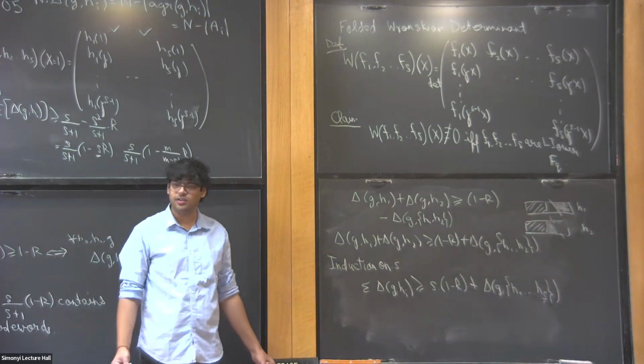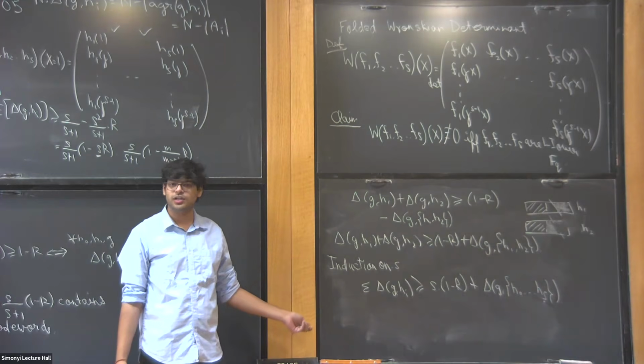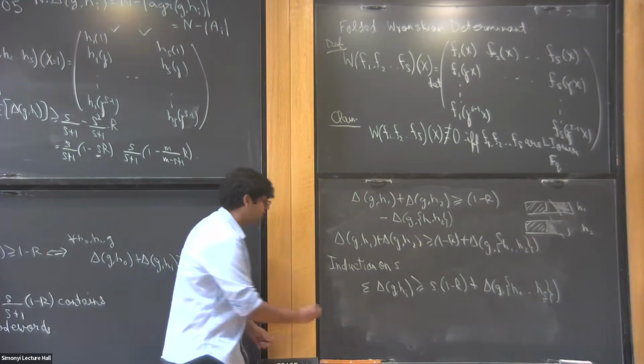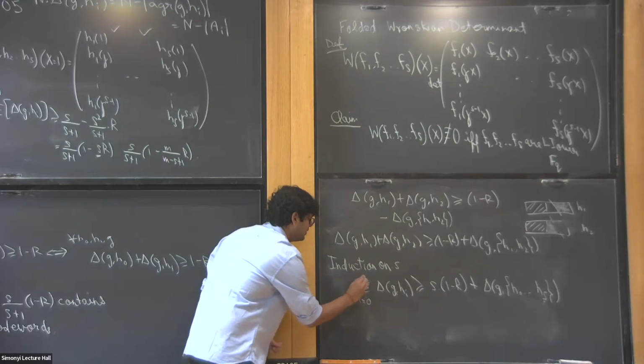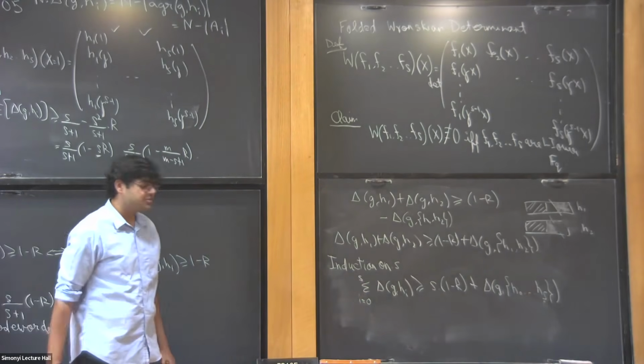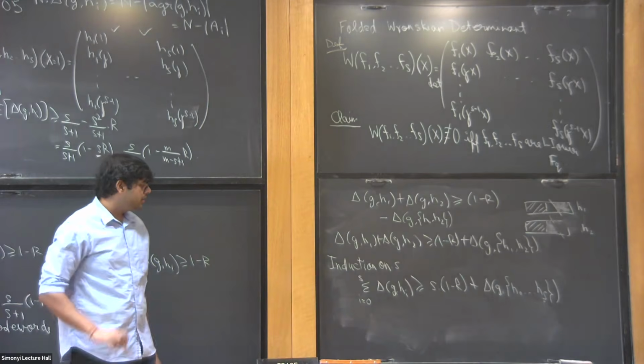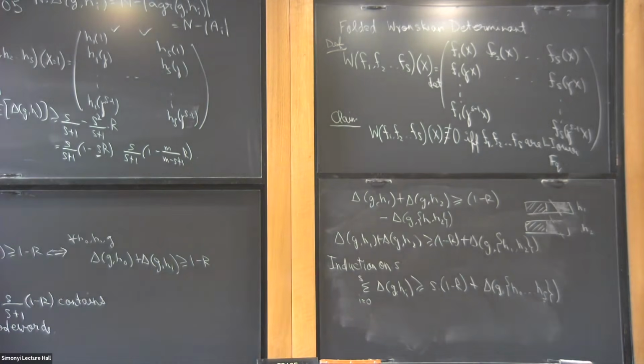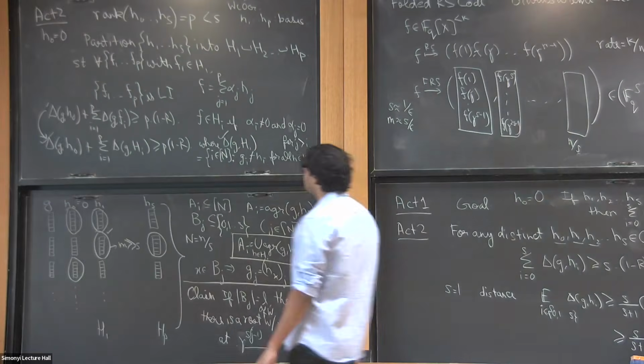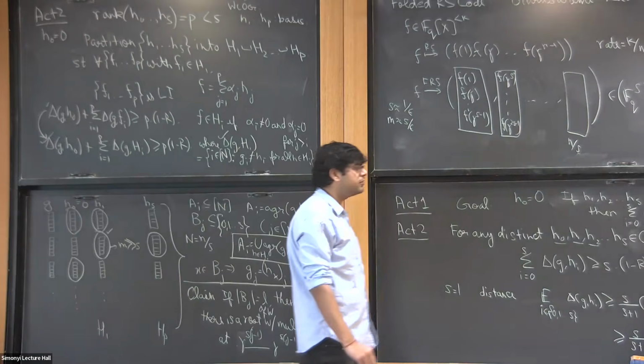Okay, so strengthening of the induction. Clearly it holds for S equals 2. So S equals 1. Fortunately, I'm indexing from 0 to S. Okay, so my base case is clear. I need to prove the inductive case.